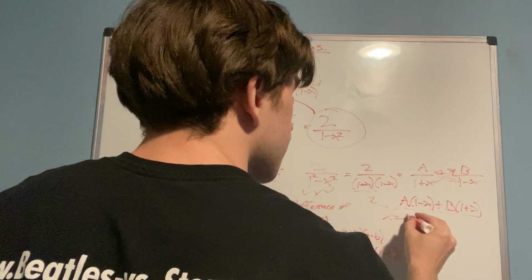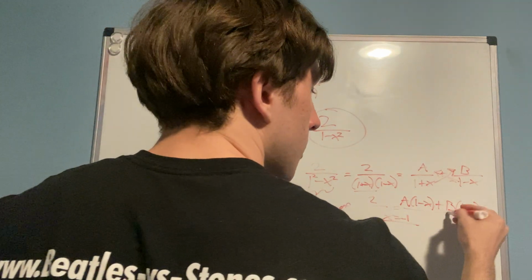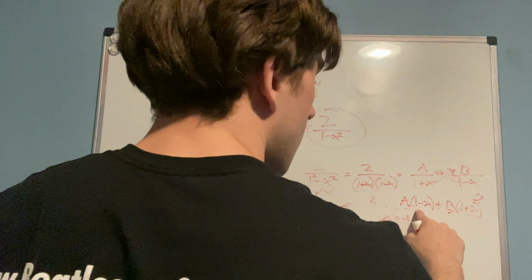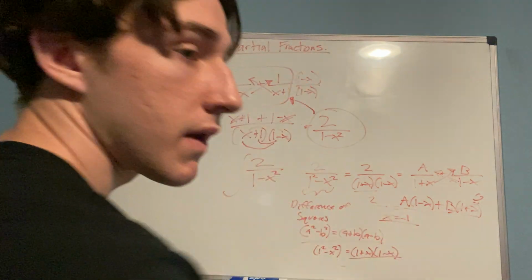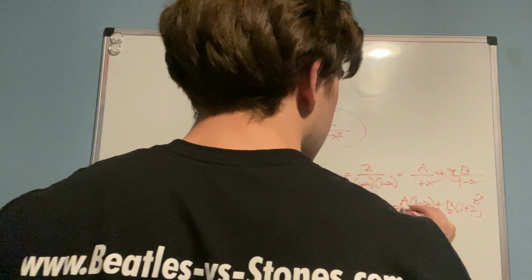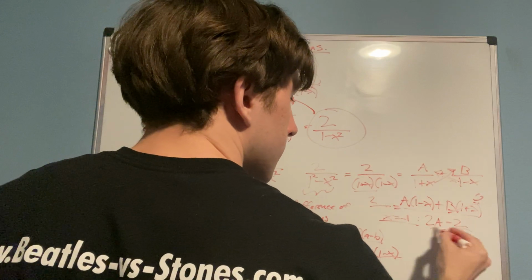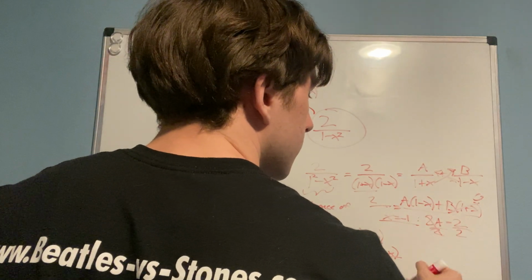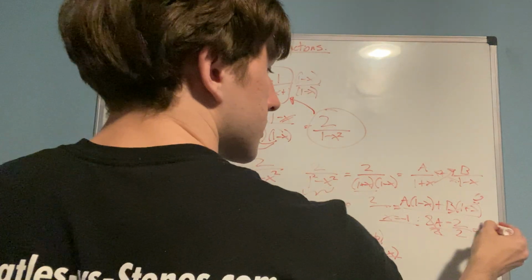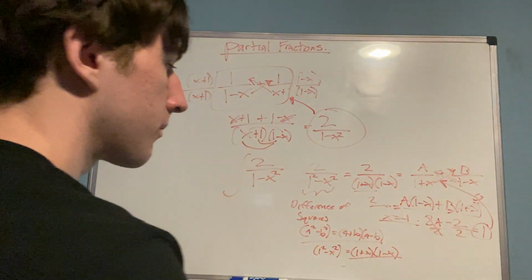I would choose x equals minus 1, so it's 1 minus 1, which is 0, cancels b out, and then I would have a(1 minus a negative 1), that would be 2a. So I have 2a equals 2 on the other side of the equation. Then I just divide by 2, and a would equal 1. So that value of a then goes into that fraction right there.